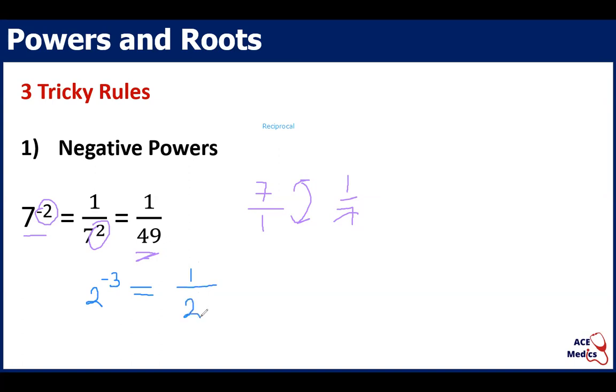So it's going to be 1 over 2 cubed. And what is 2 cubed? 2 cubed is 8. So 1 over 8. A few of you got the 2 cubed a bit mixed up, so make sure you understand that. Does that make sense for those of you that weren't too sure?